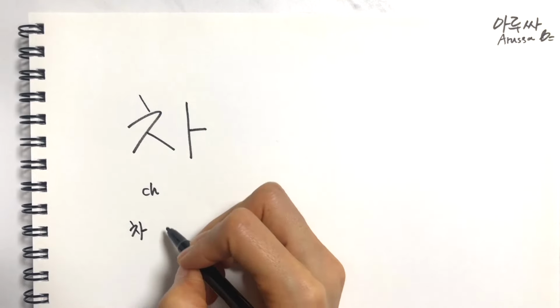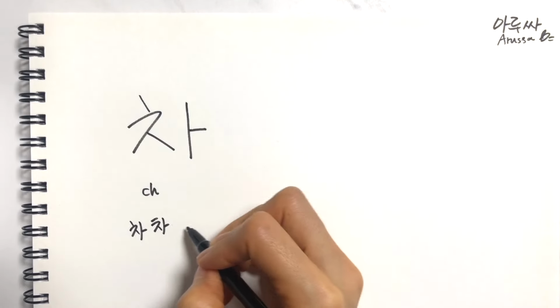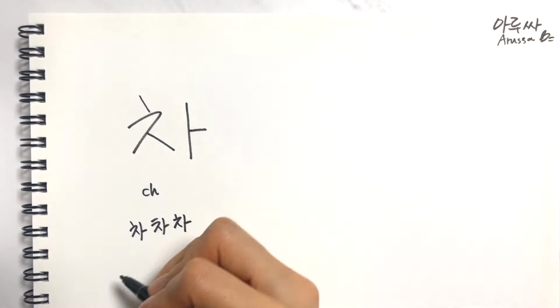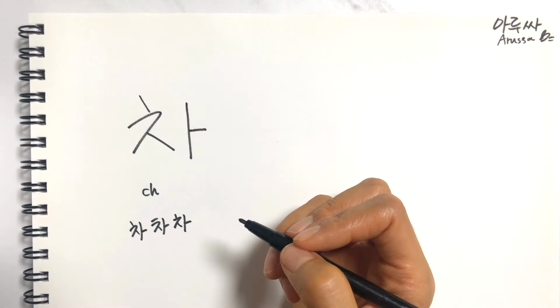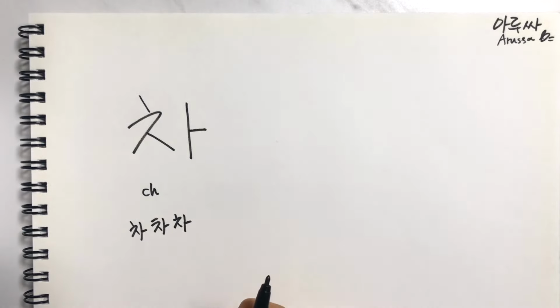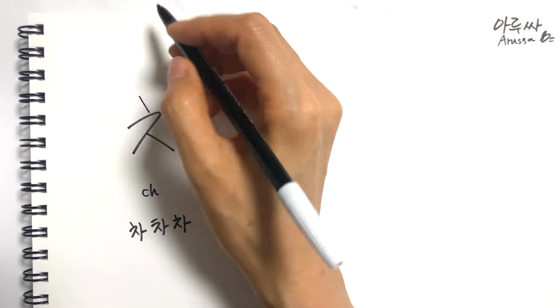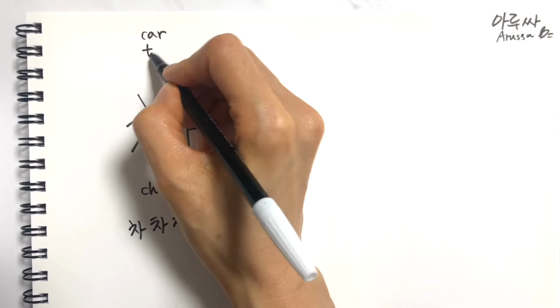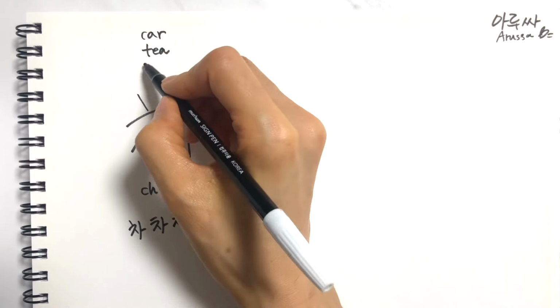Some people write it this way. Some people write it this way. Or cha-cha-cha. I hear some global friends want to visit Korea to experience cha-cha-cha. You know what it is? Look it up. So, cha could mean a car or tea or kick.